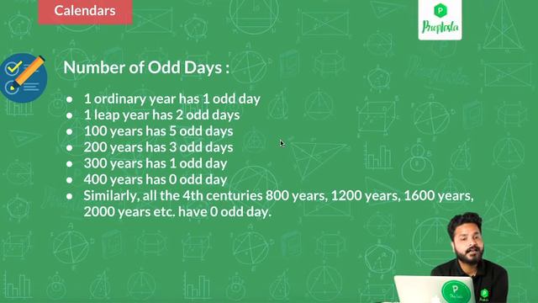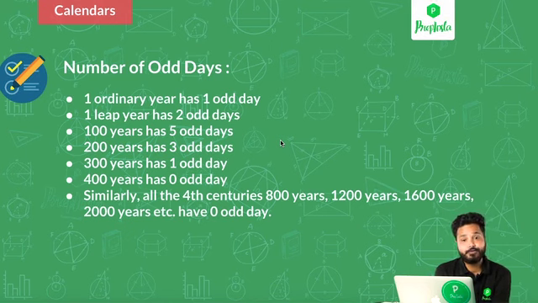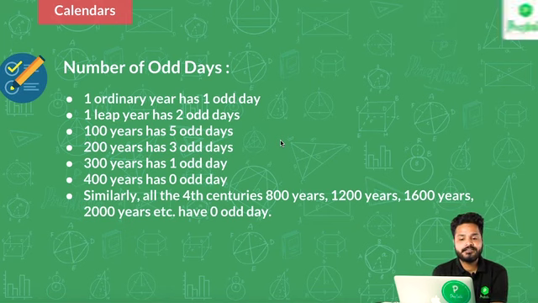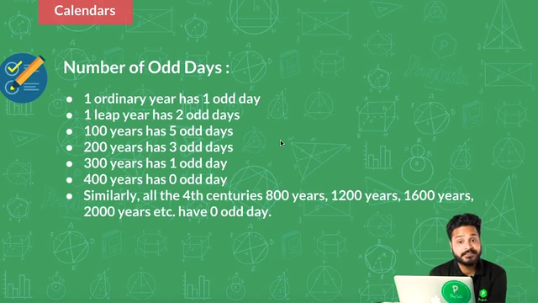Likewise, a leap year has 2 odd days, because 364 is divisible by 7 and you get 2 extra days. Likewise, 100 years has 5 odd days, 200 years has 3 odd days, 300 years has 1 odd day, and 400 years has 0 odd days. This is a very important point to remember.